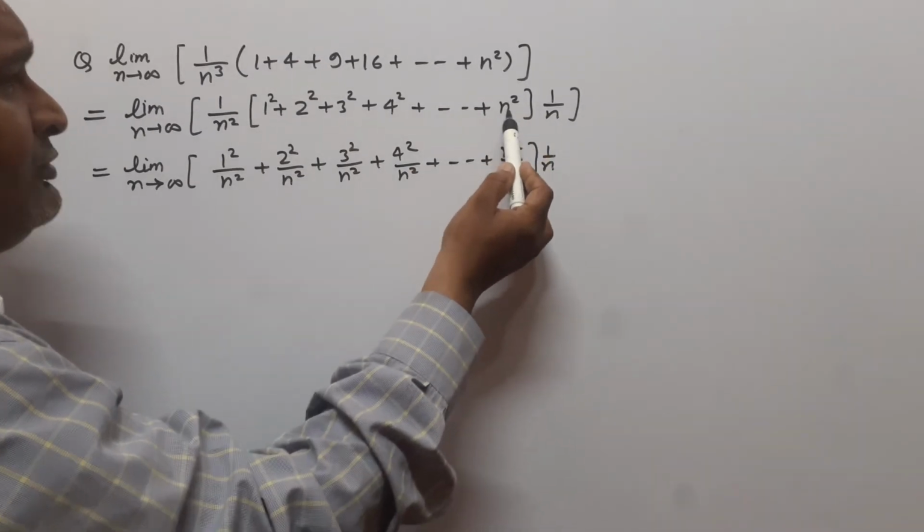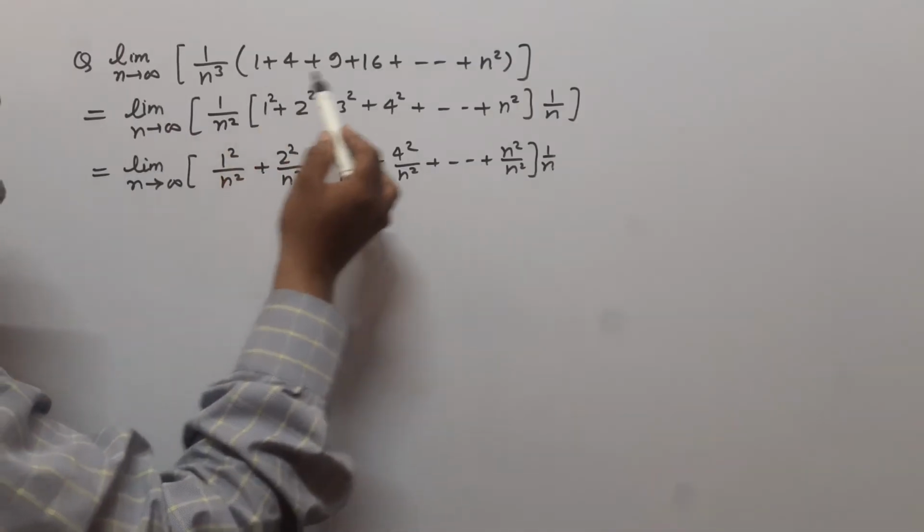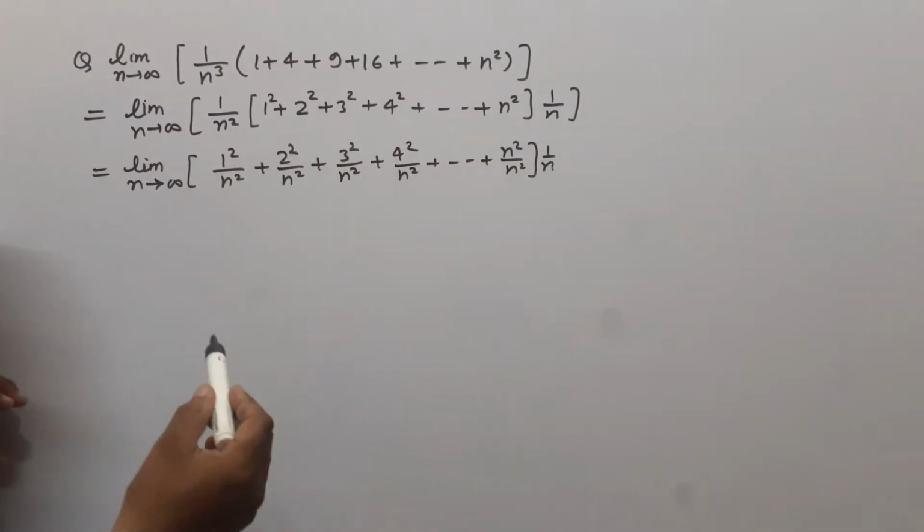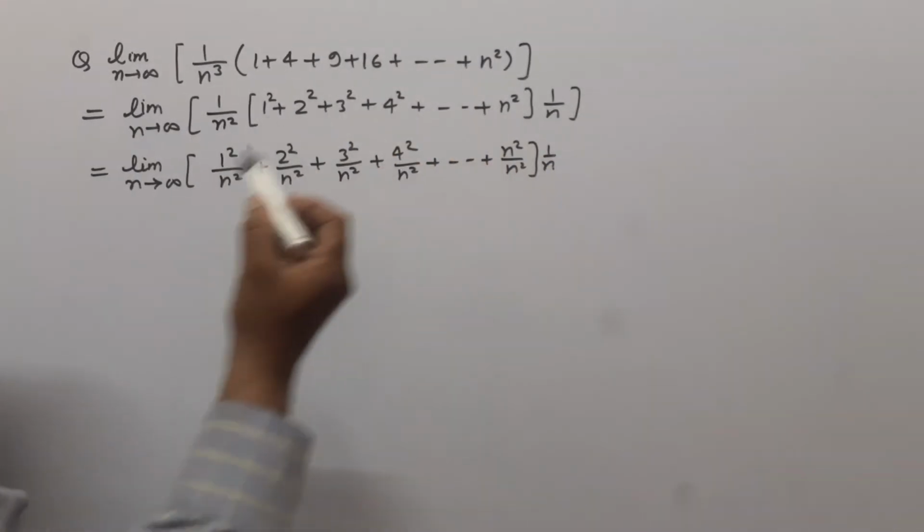Similarly, n square multiplied by 1 upon n square, we write as n square by n square, and this 1 upon n.